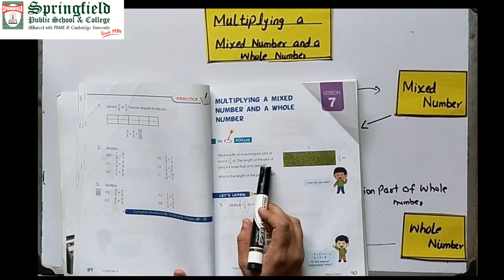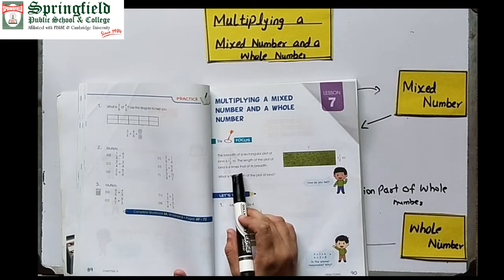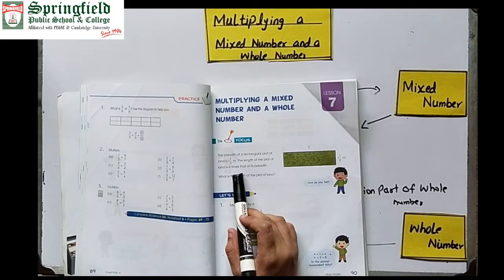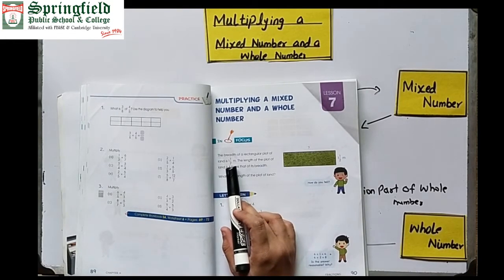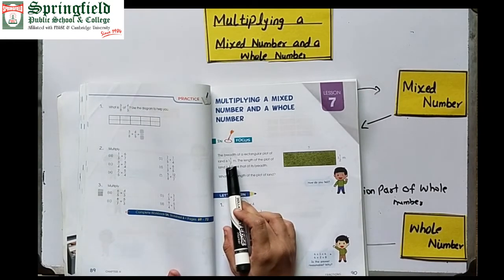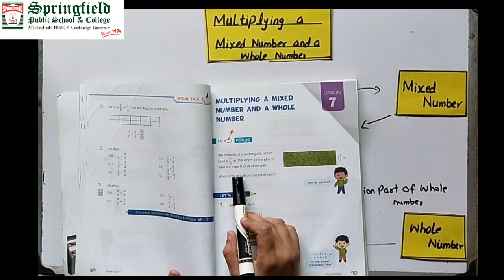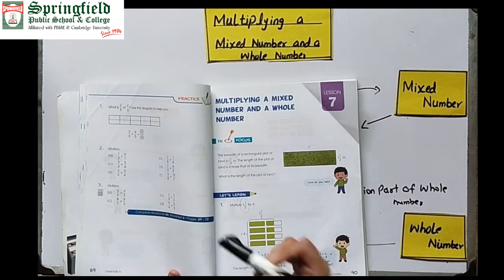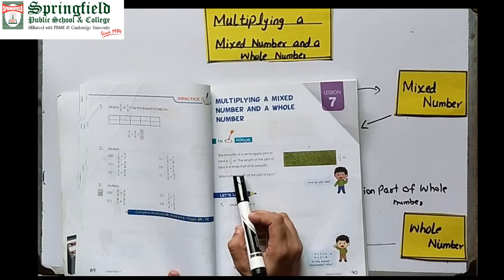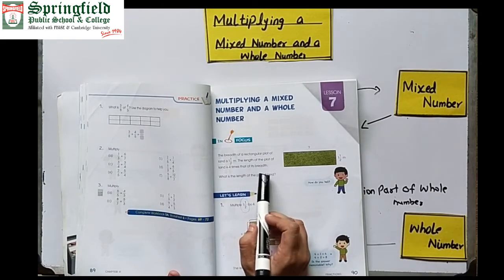Now the length of the plot of land is 4 times that of its breadth. 4 times means we will multiply 4 with the breadth of the rectangular plot. Then the obtained answer will be your length.